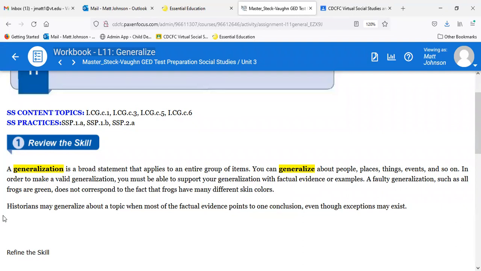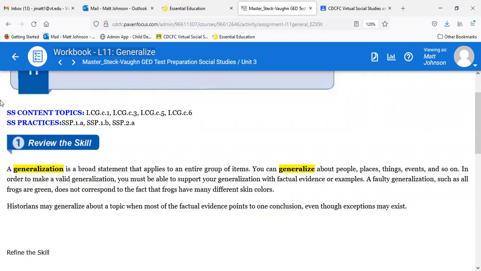And that says historians may generalize about a topic when most of the factual evidence points to one conclusion, even though exceptions may exist. So as historians, you don't solve history like you do math, and you can't test hypotheses like you do in science.